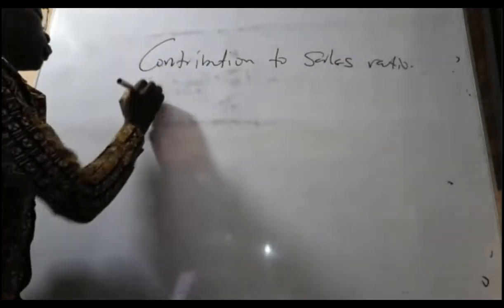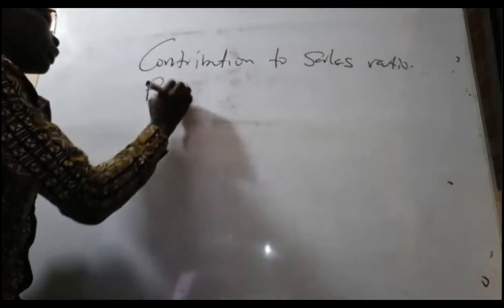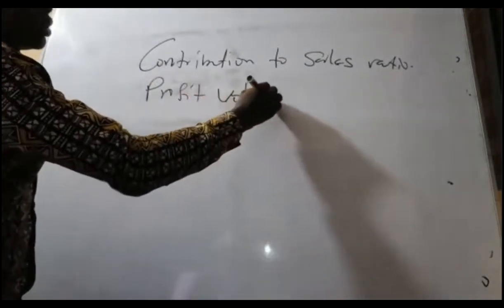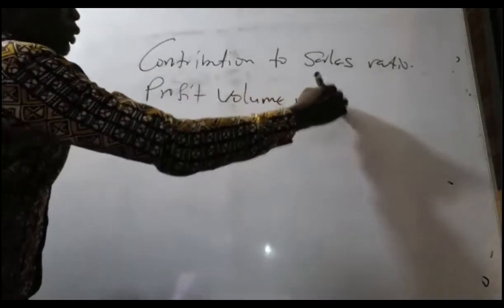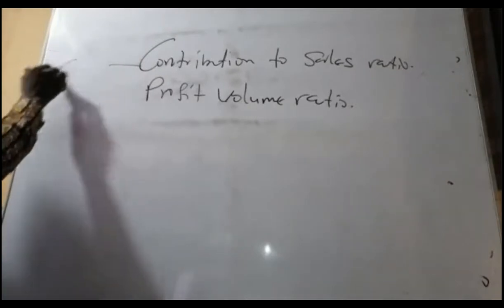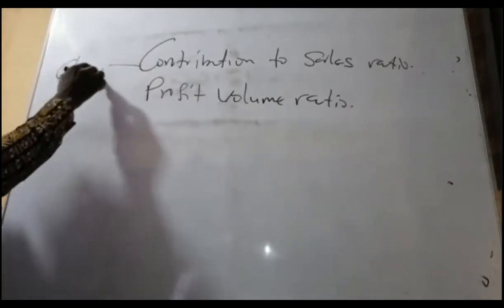In short, we also call it the profit volume ratio. So this one will be the CS ratio, and this one the PV ratio.